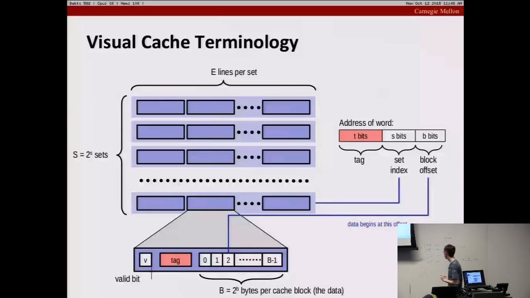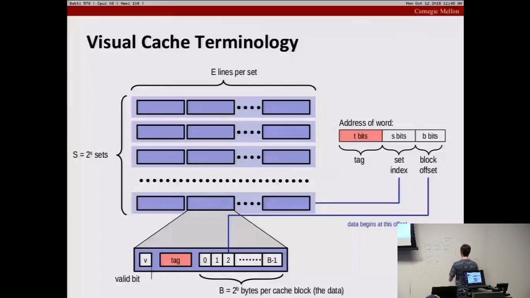So we look through, and in this case, there's more than one, so there's a couple we have to check. We can check, is the valid bit equal to 1? And if it is, does the tag match? Maybe this one doesn't, so we'd have to check the next one. Is the valid bit equal to 1, and does the tag match? And maybe this one does. So that means we have found this address in our cache.